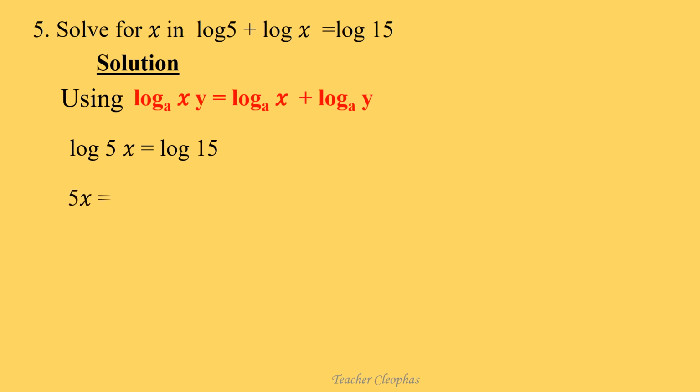So we can now drop the logarithms because they are common on both sides and have 5x equals 15. Then dividing both sides by 5, x becomes 3.